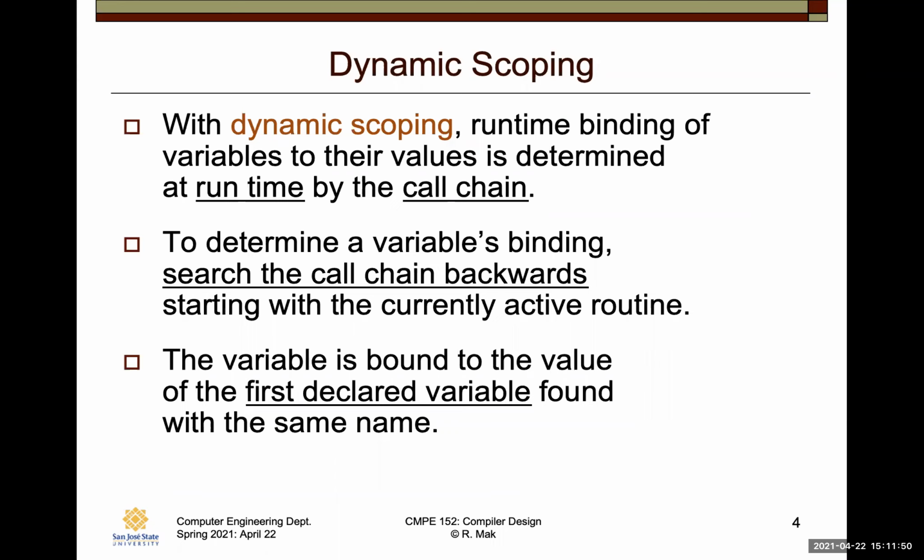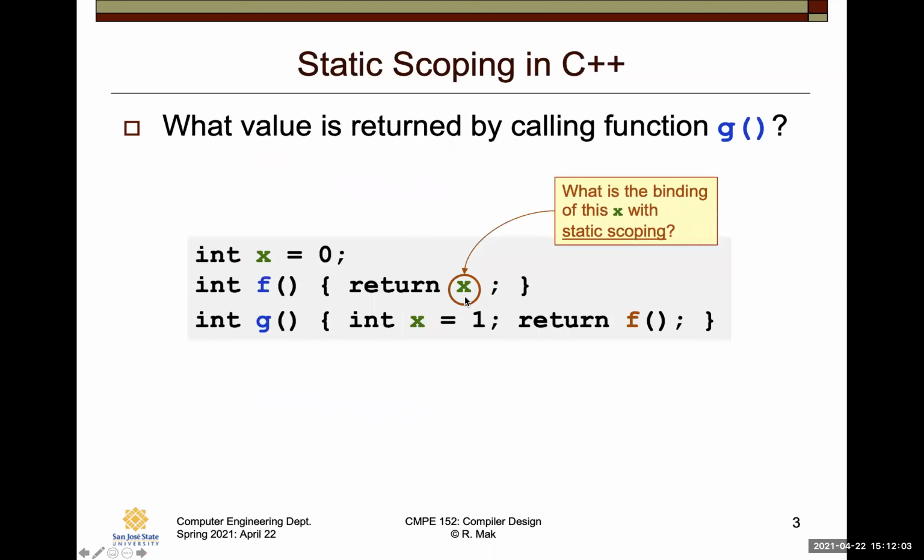The way it works is that at the point where a variable is used, such as here, the way we determine which x it is is not by static scoping, but by going backwards in the call chain until we find the first instance where x is being declared.